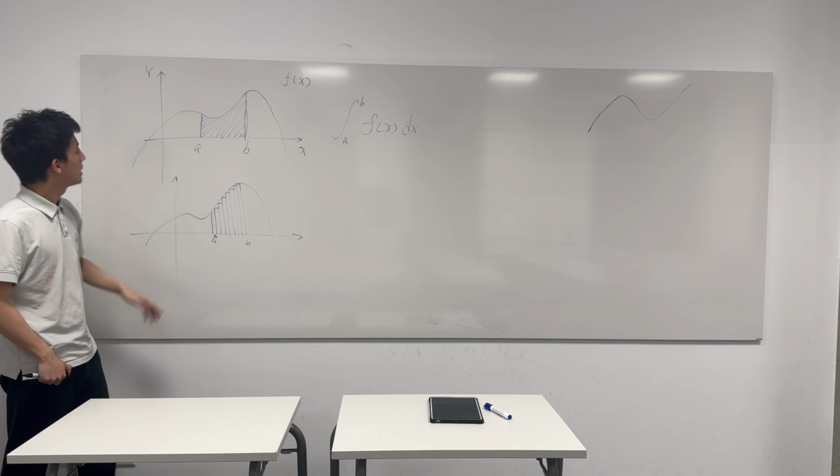So what does it mean? It's hard to directly calculate the area here, but instead we can cut the shape like that with many vertical straight lines.